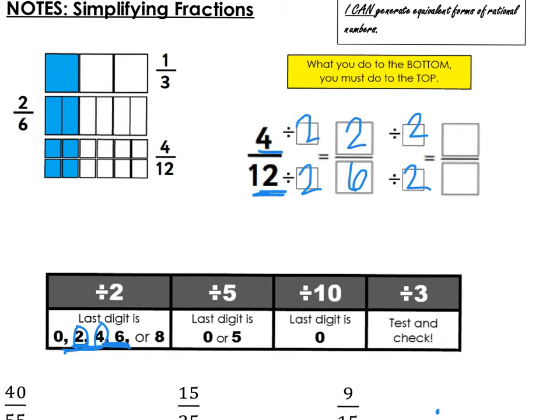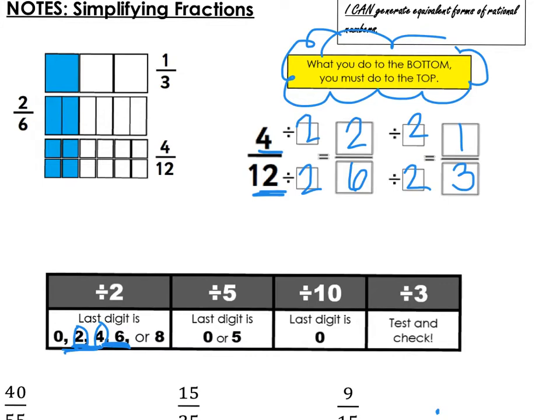So 2 divided by 2 is 1, and 6 divided by 2 is 3. So our final answer is 1/3. And here we can't simplify anymore because they have nothing in common other than 1. So just remember, rule for today: what you do to the bottom, you must also do to the top.